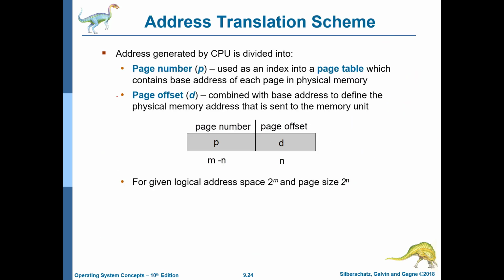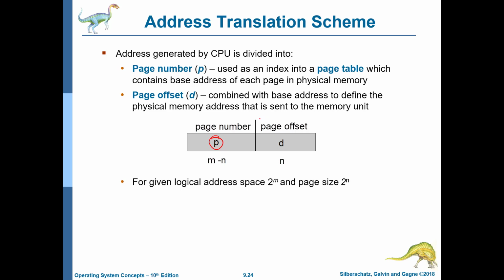The basic address translation scheme is like this: the address that the CPU generates is divided into two parts. We consider the page number P to be the first m-n bits, and the page offset, which is the address of the byte within the page, is the remaining part, the n bits.